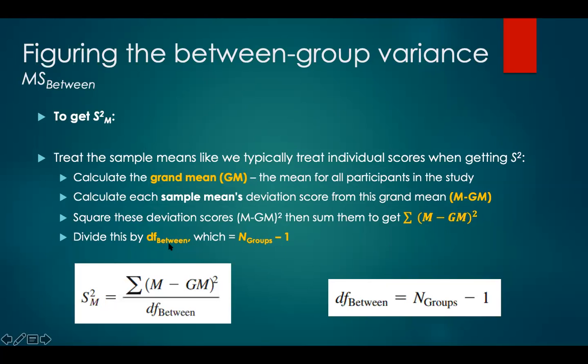Then we divide this by the degrees of freedom between, which is equal to the number of groups, in this case 3, minus 1. So our df between should be 2. So let's go calculate S squared of M.